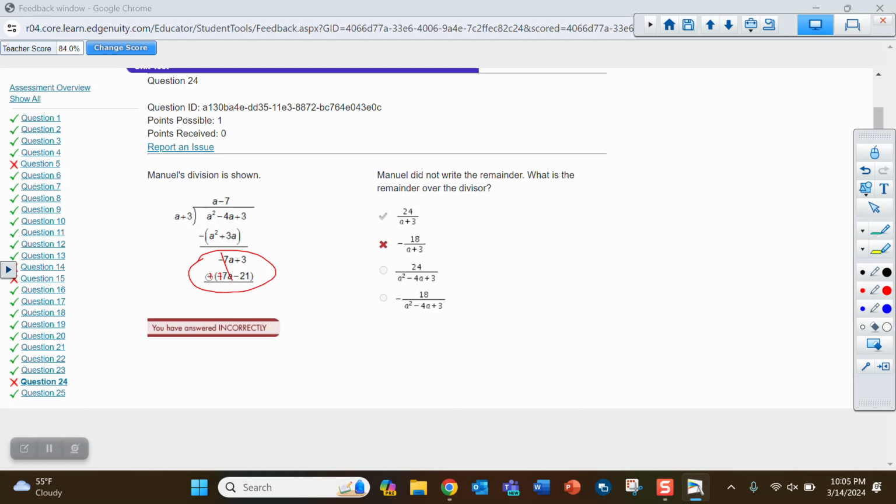Same thing with the 21, subtracting a -21 is like adding a positive 21, so what I really get here is 24, and I think you just did 3 minus 21. Instead, remember that subtraction sign out in front is actually getting distributed through that binomial, so it should be 24 over a plus 3.